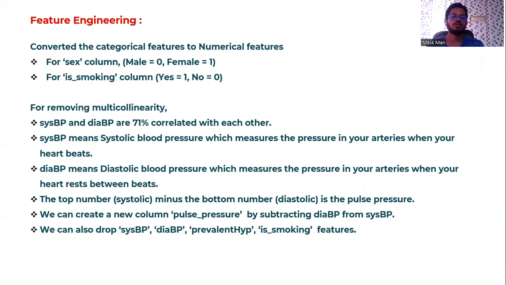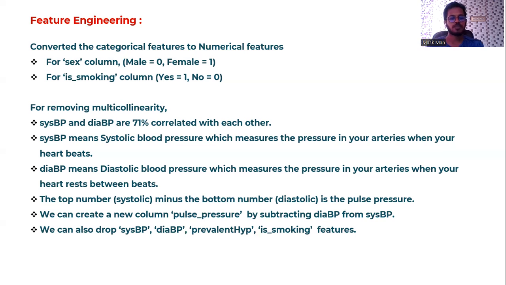In removing multicollinearity, we know that systolic BP and diastolic BP are 71% correlated with each other. So we created a new column, because you can observe that those two are blood pressures only. Systolic blood pressure means the pressure in your arteries when your heart beats, and diastolic blood pressure means the pressure in your arteries when your heart rests between the beats.